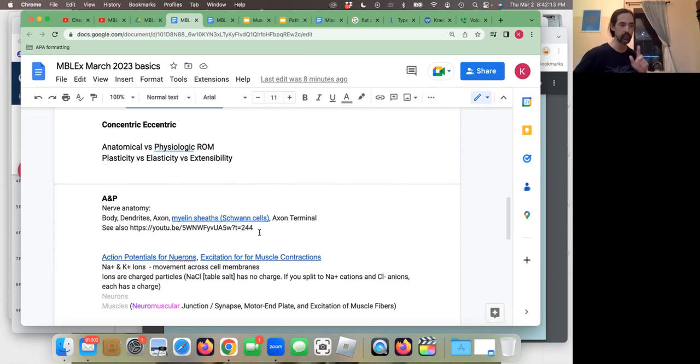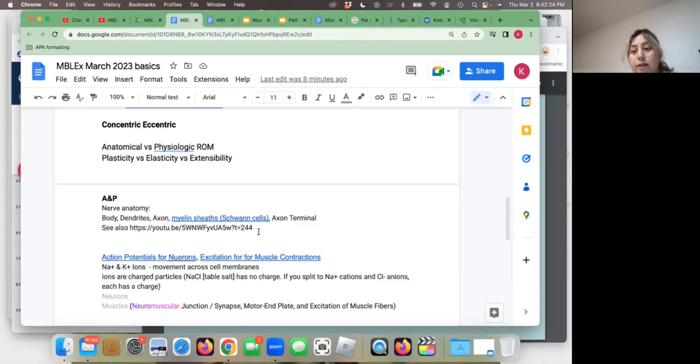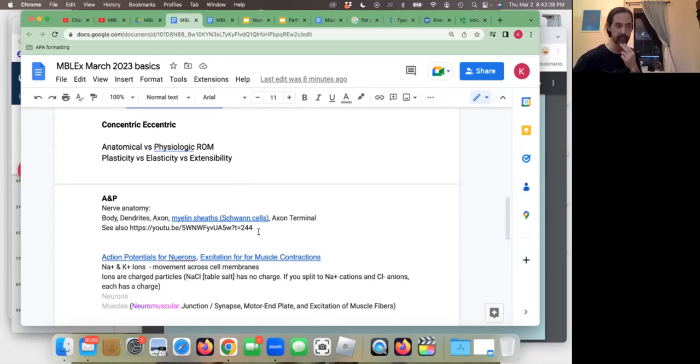I didn't list which muscle is concentric and which is eccentric for specific movements. Is that your question? Just to review the wording, the definitions. The concentric and eccentric we defined last time.